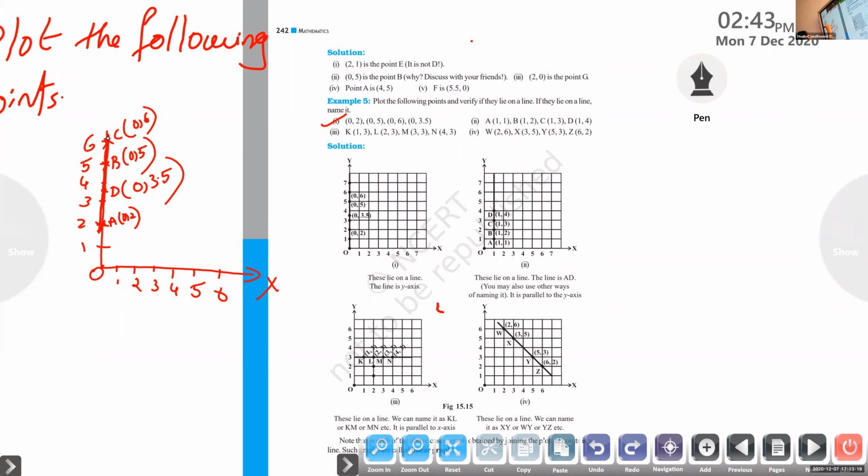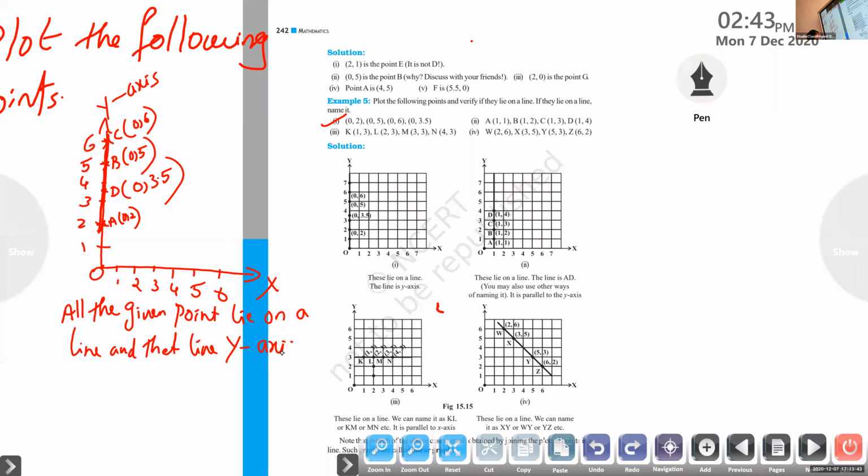So you can write the inference as: all the given points lie on a line, and that line is y-axis. All the given points lie on a line, and that line is y-axis.